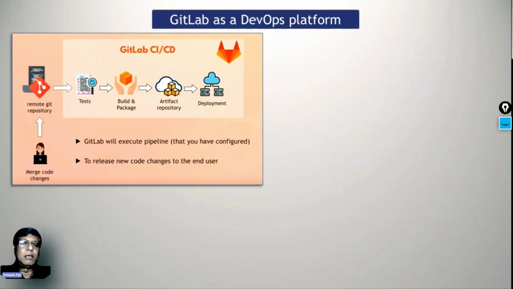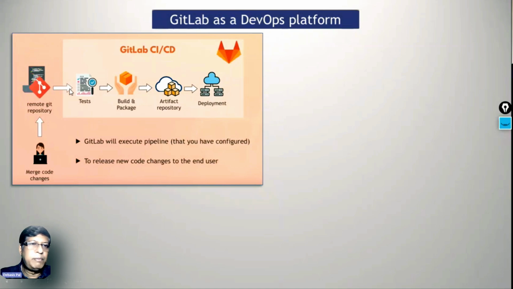Let's say we are taking the case of Java. There is lots of Java code delivered by the developer. It has been put into the code repository, and there is a pipeline which will be triggered once the developer commits the code onto the GitHub repository or directly on GitLab.